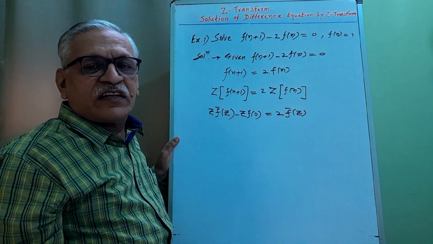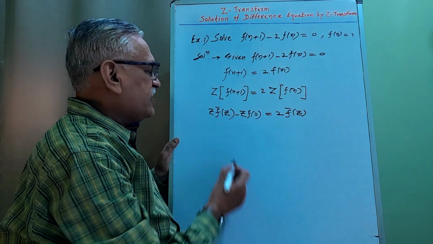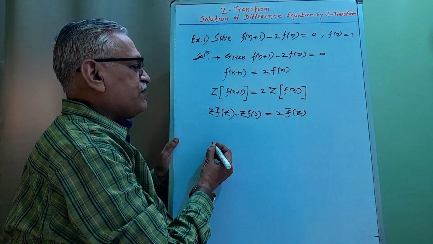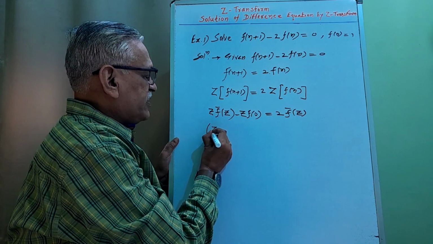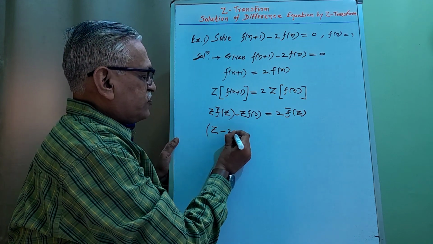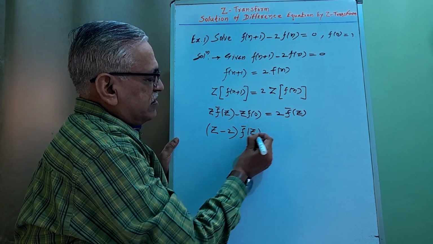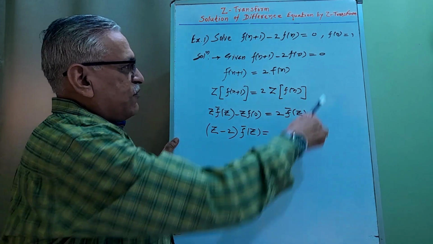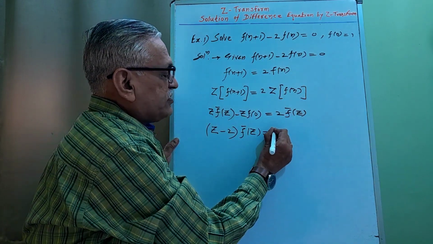Then collecting the terms of f bar of z on the left hand side and the other terms on the right hand side. There are two terms of f bar of z. Taking f bar of z common, we get z minus 2 into f bar of z is equal to f of 0, which is 1, therefore minus z, if we transfer it, becomes plus z.